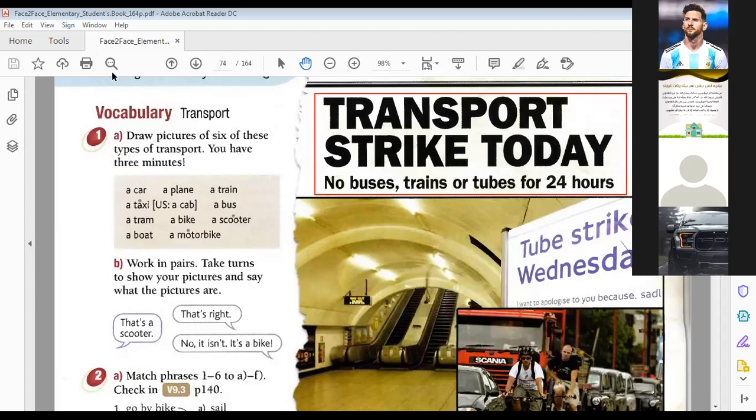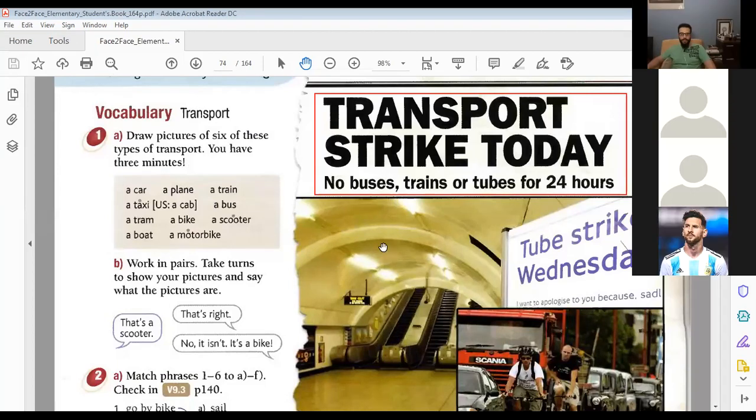I think maybe they strike because of transport. I think it's a big place and people are different.